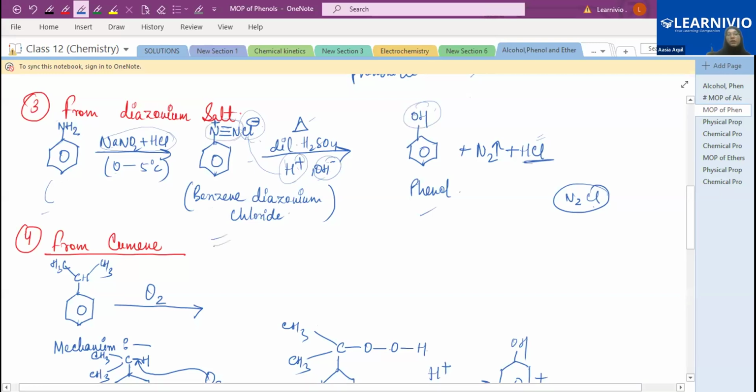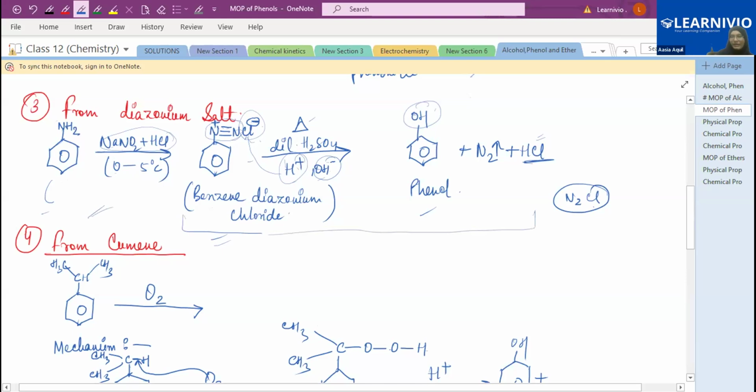You have to remember the reagents. The reagent has a very important role in organic chemistry. So every reagent has its role, right? If in the exam you have to write how you will convert diazonium salt to phenol, you can start from this step.